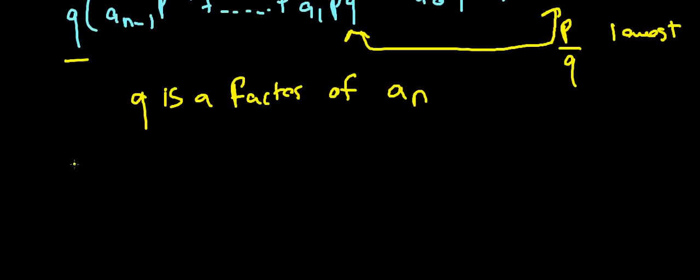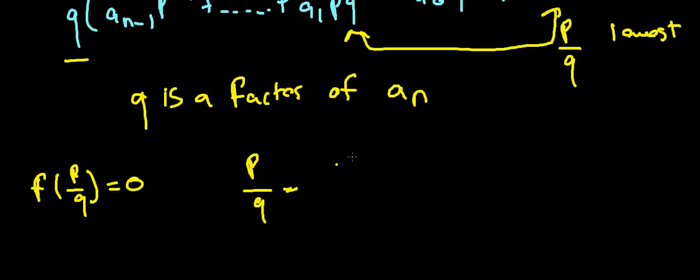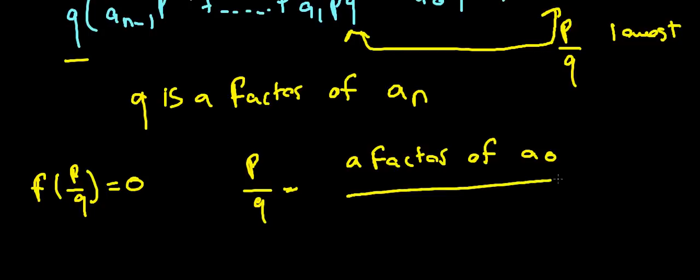So what we've just proved is that when we take the function of p over q at 0, then p over q is equal to a factor of a0 over a factor of a_n.